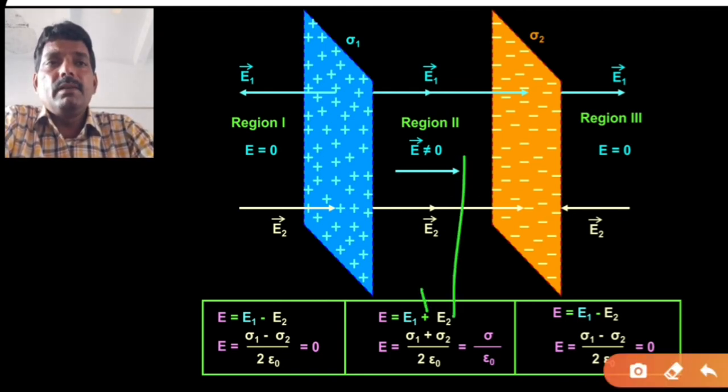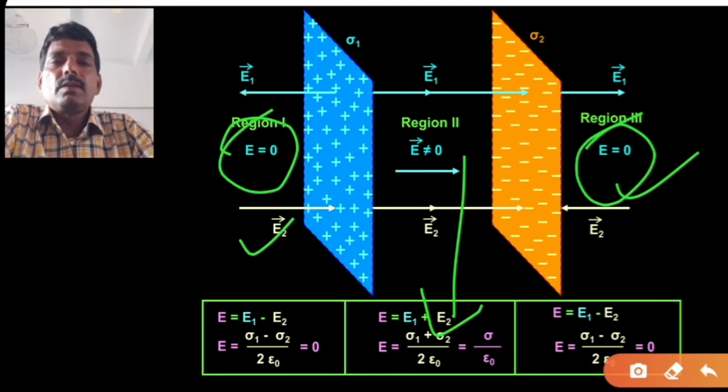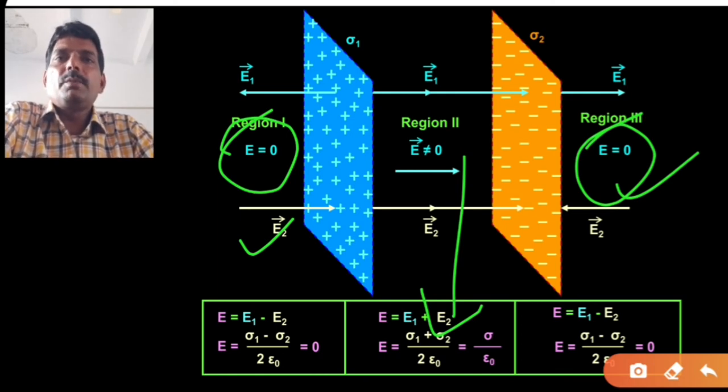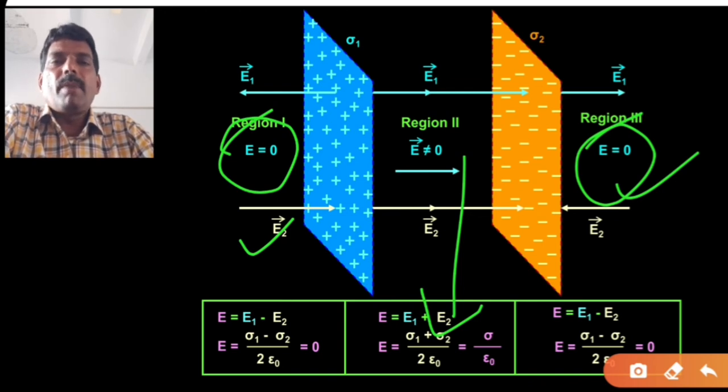So what will the objective type questions asked in this case be? Suppose 3 sheets or 2 sheets are given to you, then identify the charges on that particular sheet, then you proceed for the electric field lines, and then in each respective region you see the directions of the electric field lines, and according to that you can calculate the magnitude of the resultant electric field.